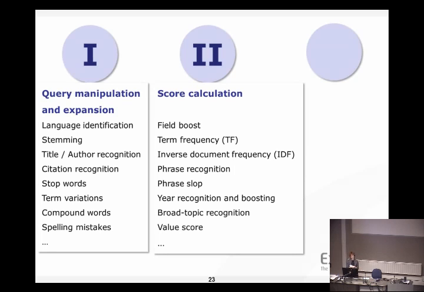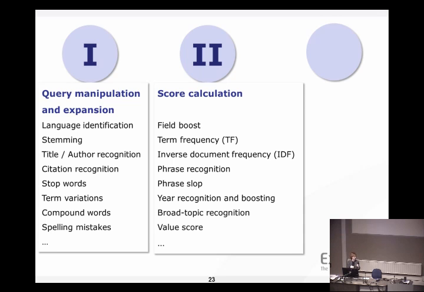We look at phrase recognition and slop. So we try to find words that mean something together, not just as two separate words. Global warming is a term, and you can find documents where you have global and warming in two different places. It's not what I'm looking for. We look at the dates, and in many disciplines the date is very important.